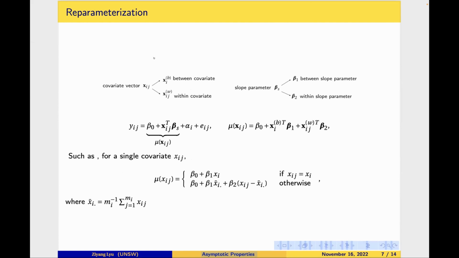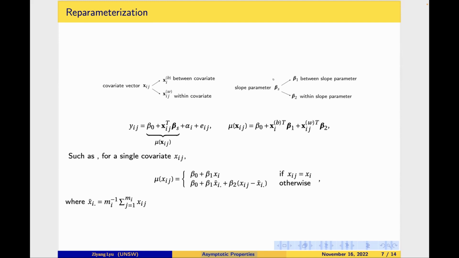First, we restructure the covariate vector Xij and the slope parameters. In the general nested error regression model we write Xij, but here we split it into two parts. The first one is Xib, which represents the between covariate, and Xijw is the within covariate.